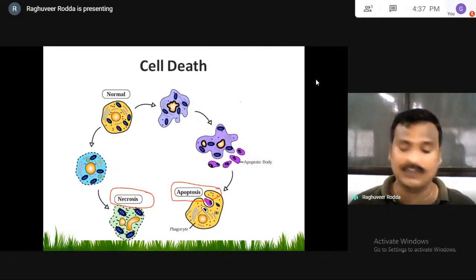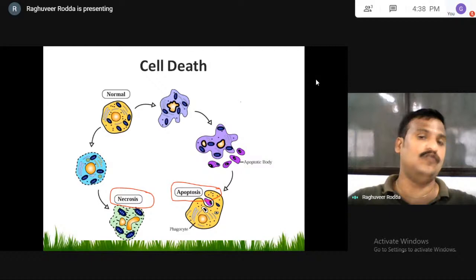So the irreversibly injured cell, at the point of no return stage, will finally move towards death.